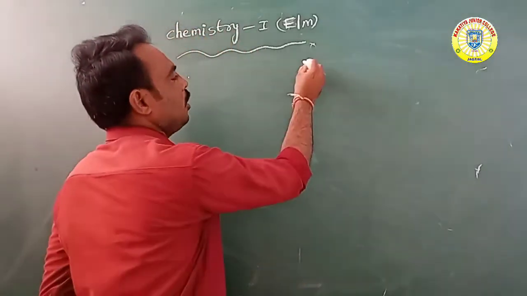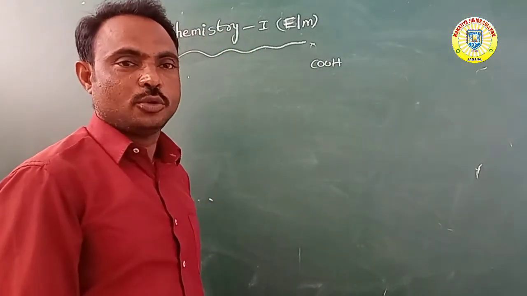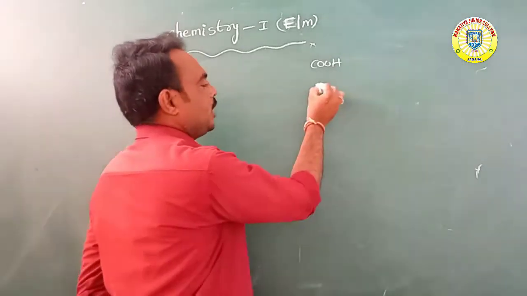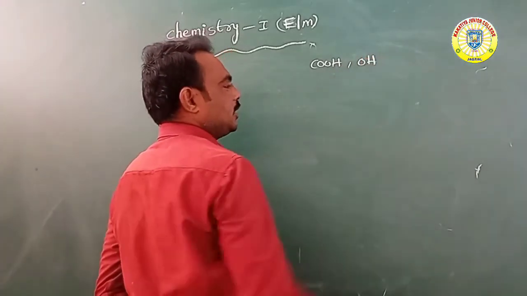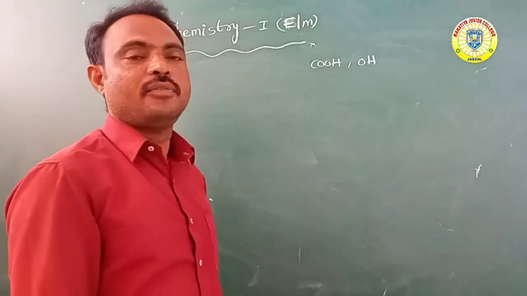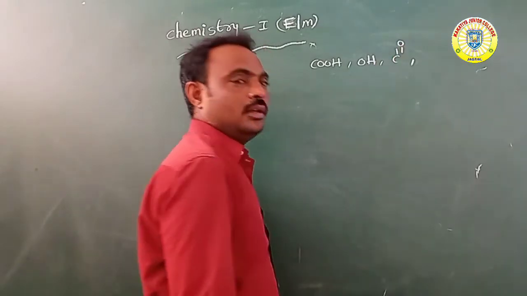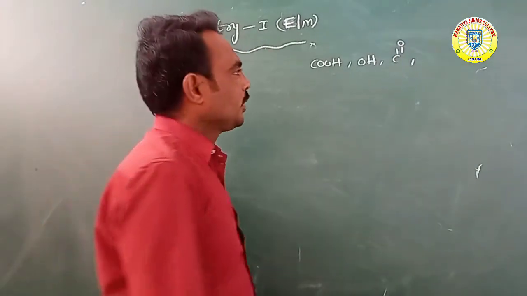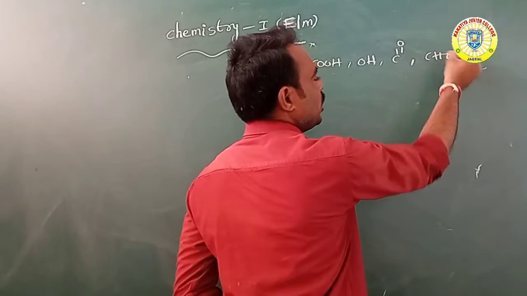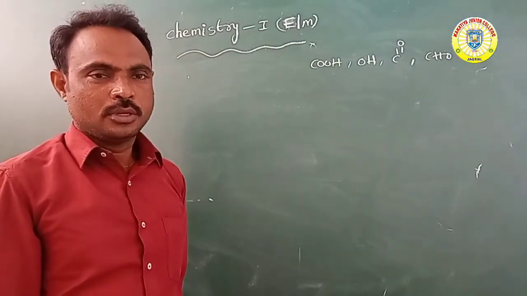Suppose, for example, COOH is an acid functional group, OH is a hydroxy functional group, the alcohol functional group, C double bond O is a ketone functional group, and CHO is an aldehyde functional group.